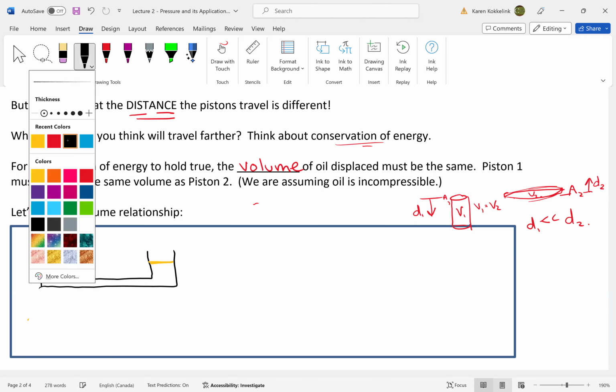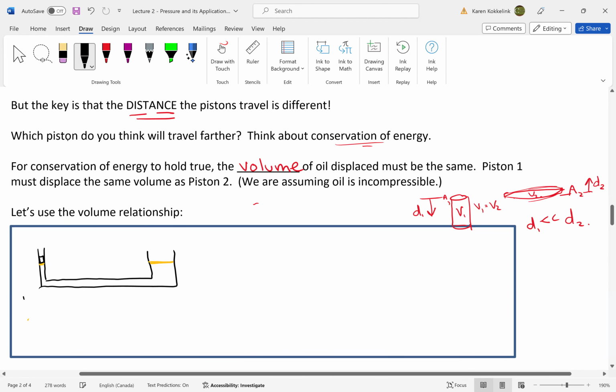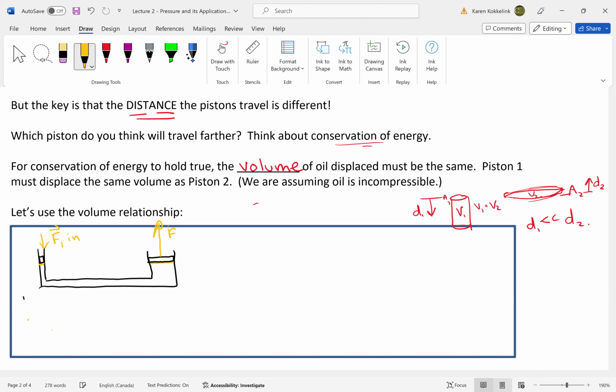You can draw the pistons just as a little block in here. So this is piston 1 and this is piston 2 as a block with their cross-sectional areas. I'm going to apply a force F1 in, and that is going to make a large force F2 out. It makes a large force because there's a large cross-sectional area.